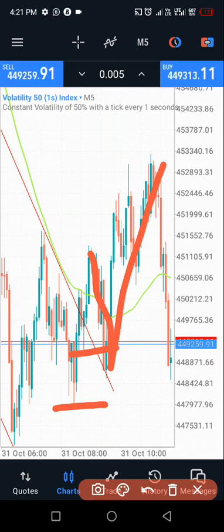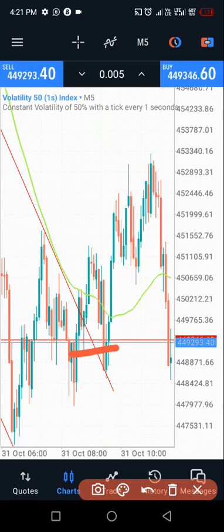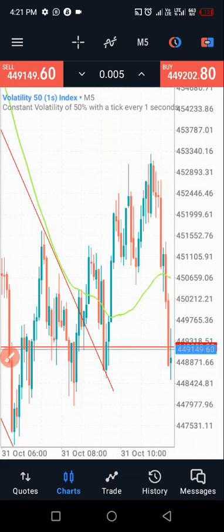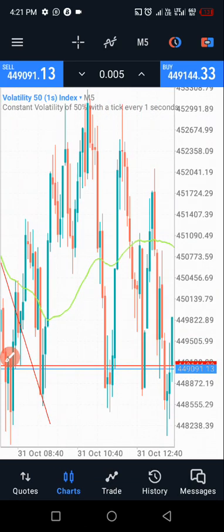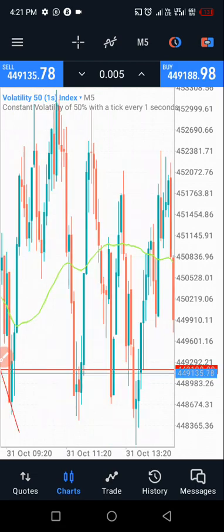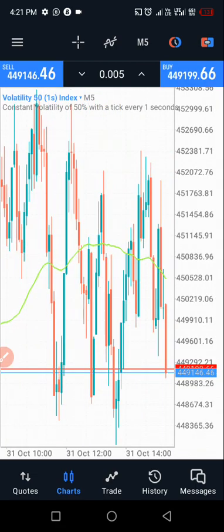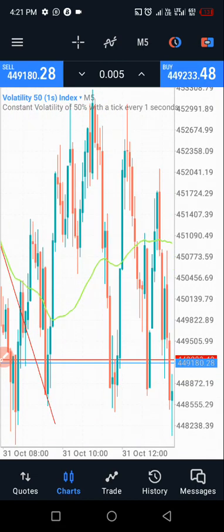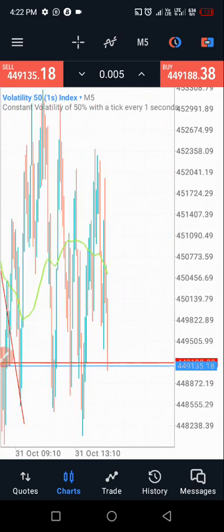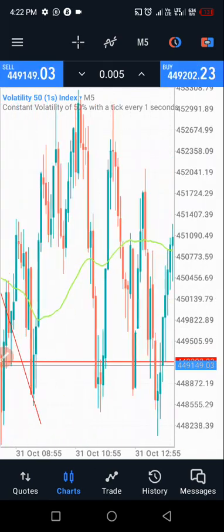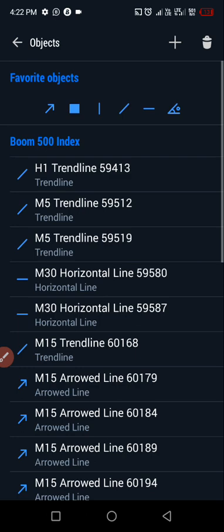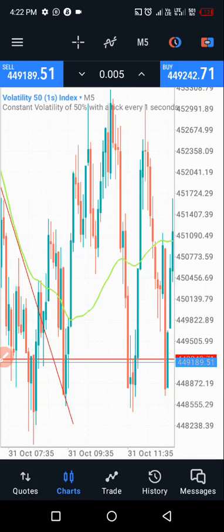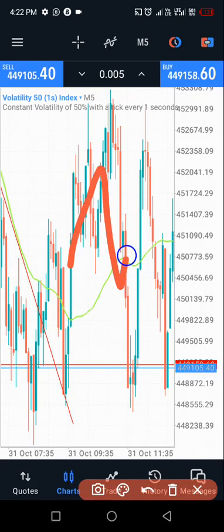All right, so I noticed that the market was no longer interested in buying again. You can see that the market had entered a ranging market. The market is now consolidating and ranging. Any moment from now, the market might start another move.